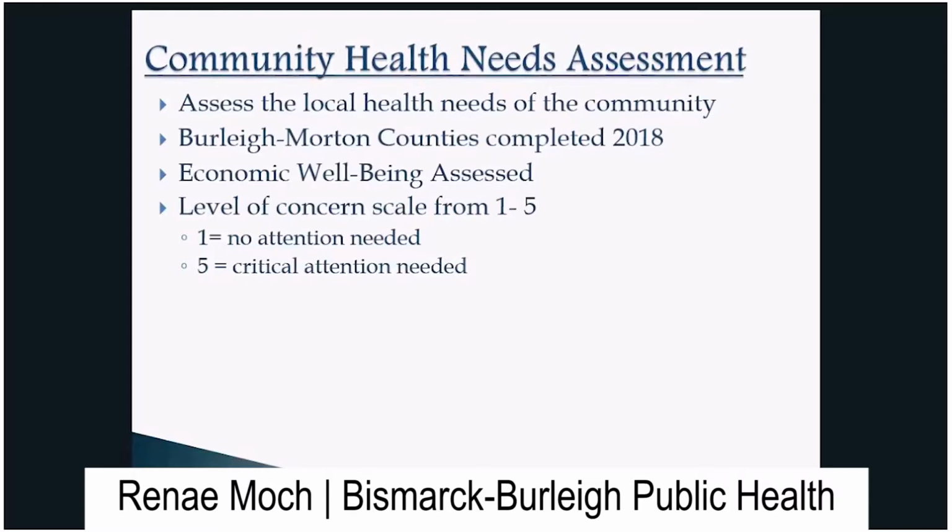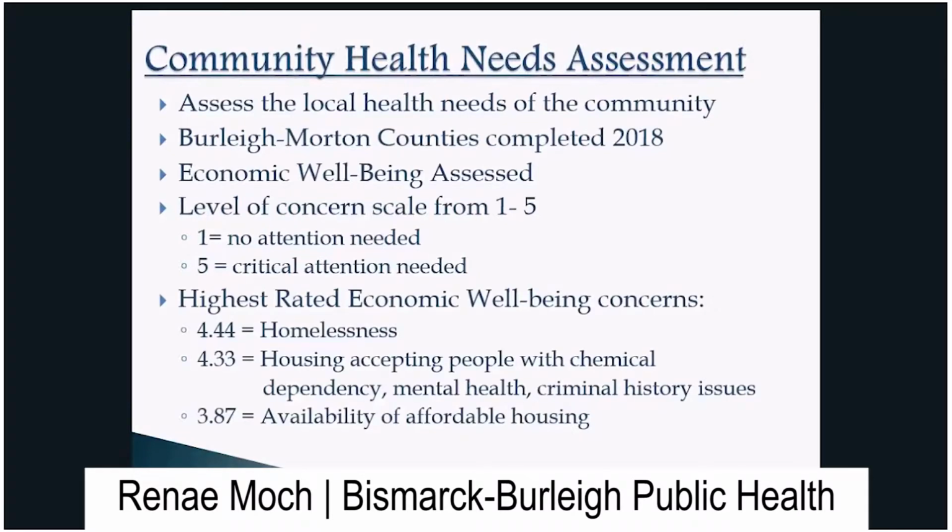We did a random survey and found that our highest rated economic well-being concerns were homelessness at 4.44, housing accepting people with chemical dependency, mental health and criminal history issues at 4.33, and availability of affordable housing at 3.87. Usually anything over 3.5 is something that we should consider concerning for our area. So these are areas that we are trying to focus on as they are well over that 3.5 score.